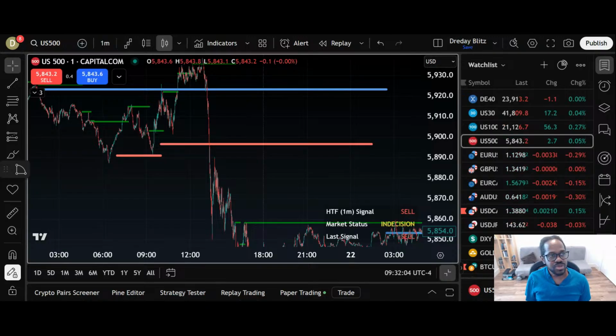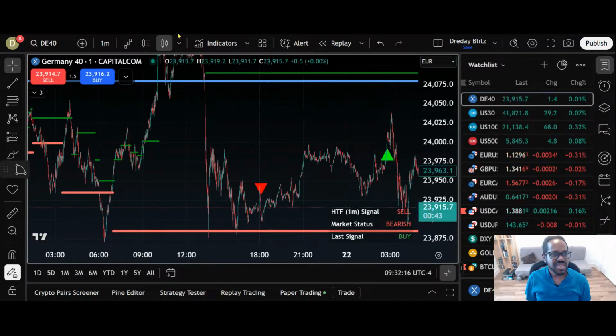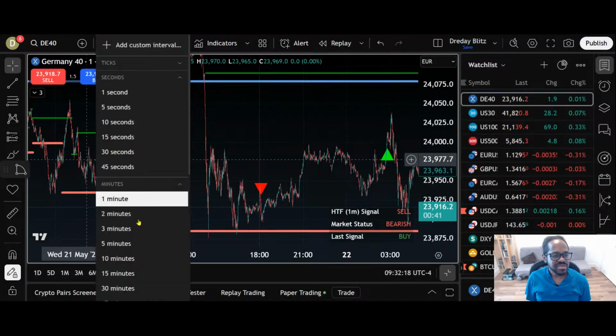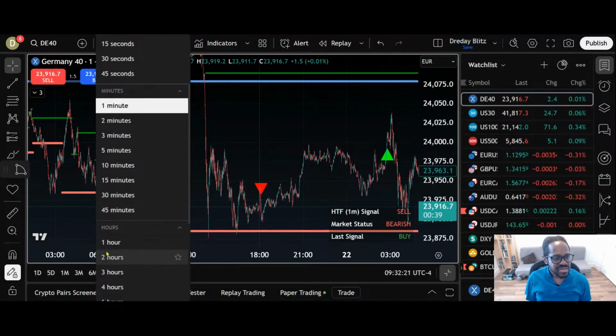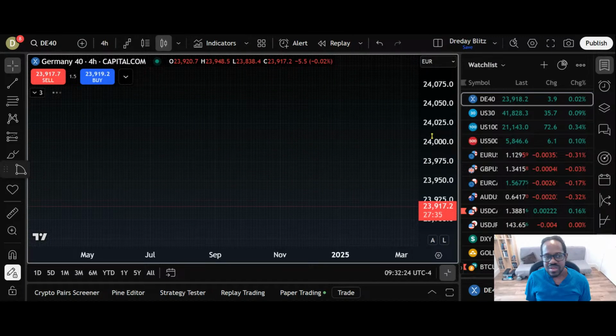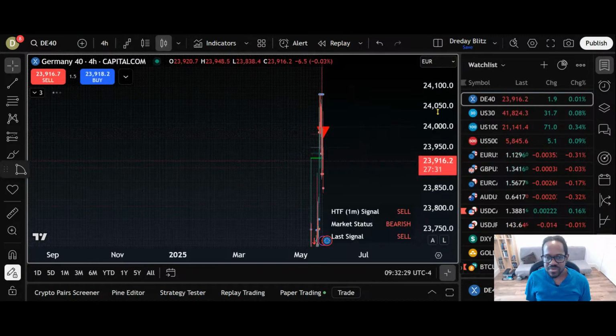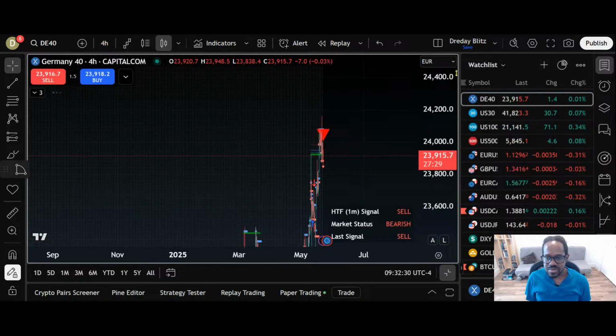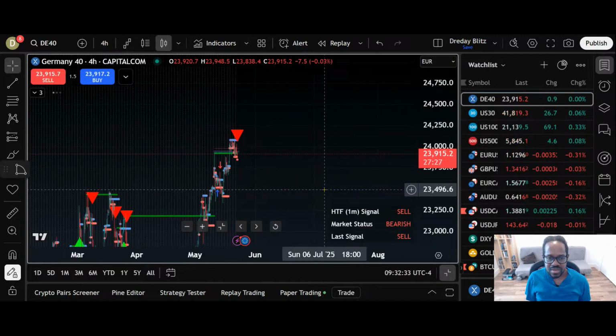Yes, or you could always put it on the 4 hour. You could put it on the 6 hour higher time frame. So, for example, I'm just gonna show you. It's gonna go back here. I'm gonna put it on the 4 hour here. 4 hour, boom. So on the 4 hour, you have a sell, right?